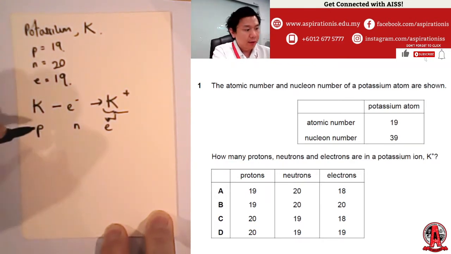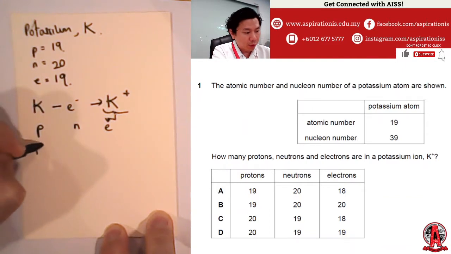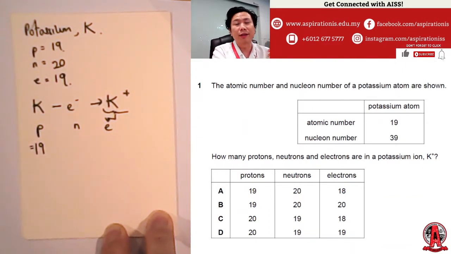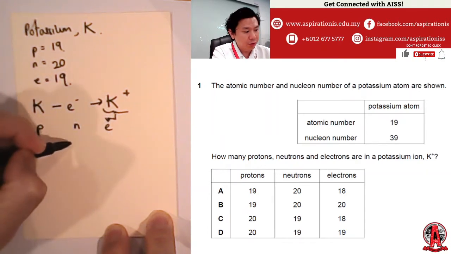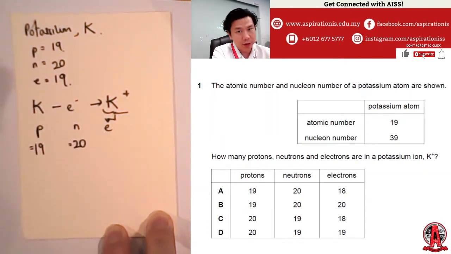The number of protons will not change, because the only subatomic particle that is being moved around is electrons. So protons, there's no change. Neutrons, there's no change.